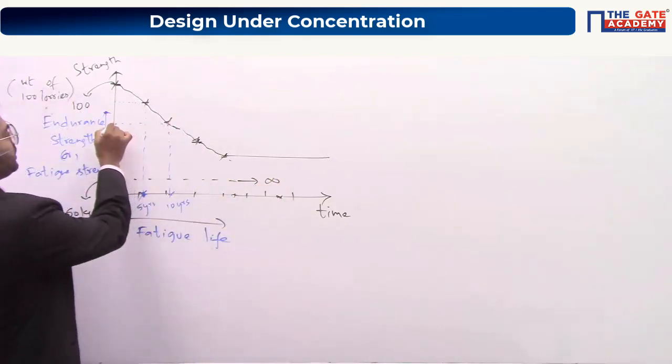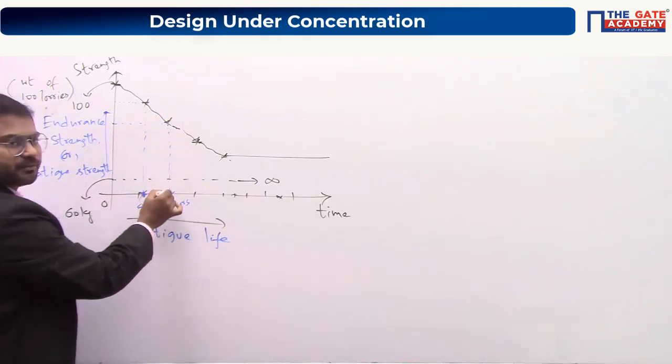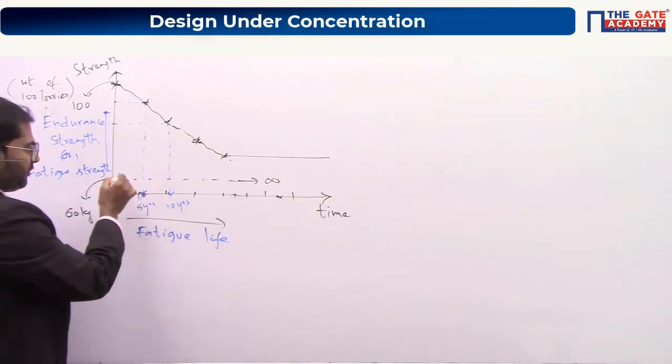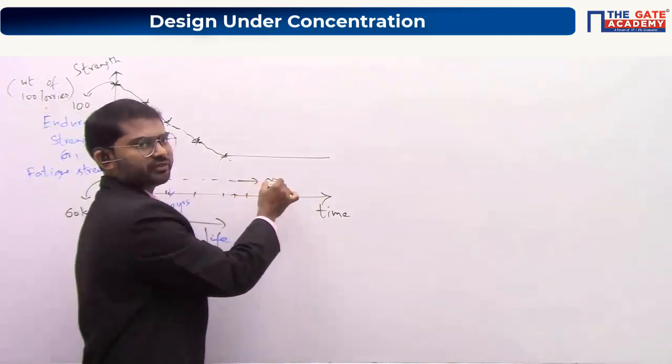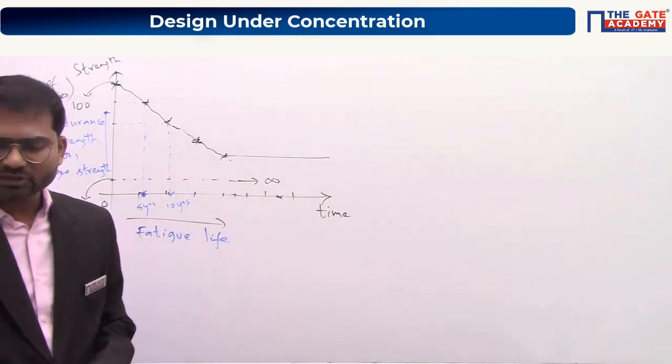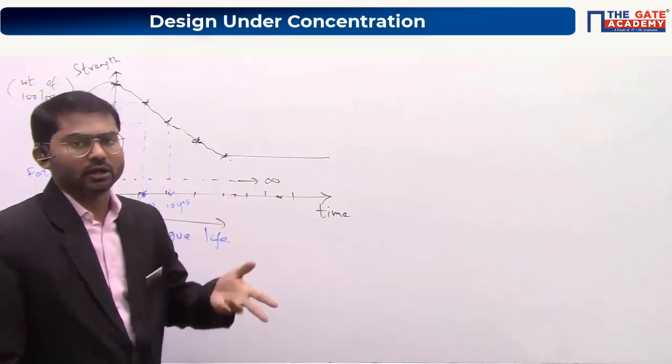For this particular case, you have life to be 10 years. For this particular case, life to be 5 years. In the same way, for this particular case, you will get time is equal to infinite. Time is equal to infinite means it will not fail at all.